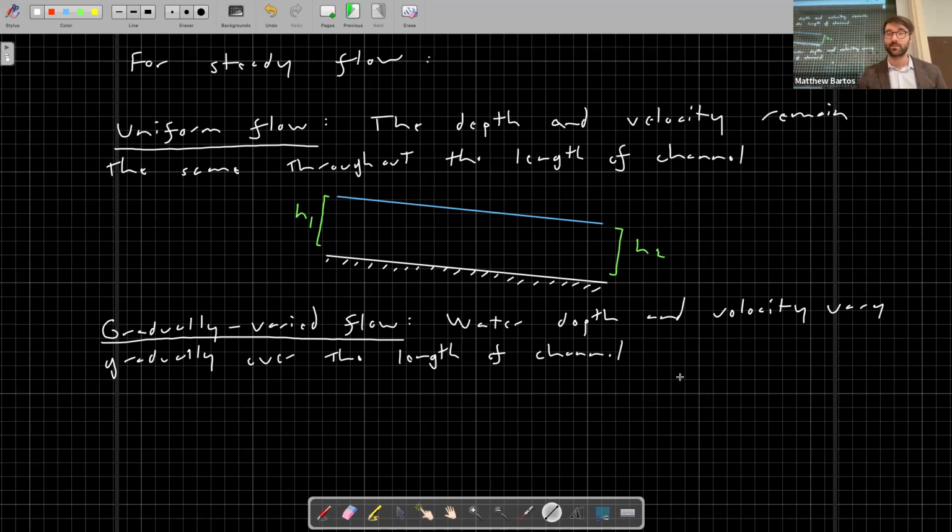So one common case for gradually varied flow is the case of a backwater, often caused by an impoundment or some other obstruction in the stream. So let's say we have an open channel that terminates in a dam.